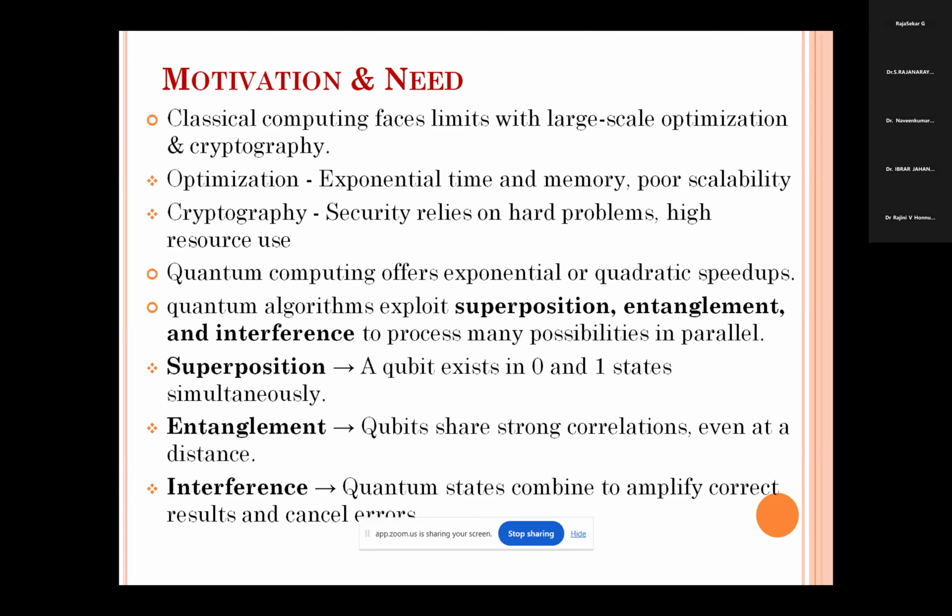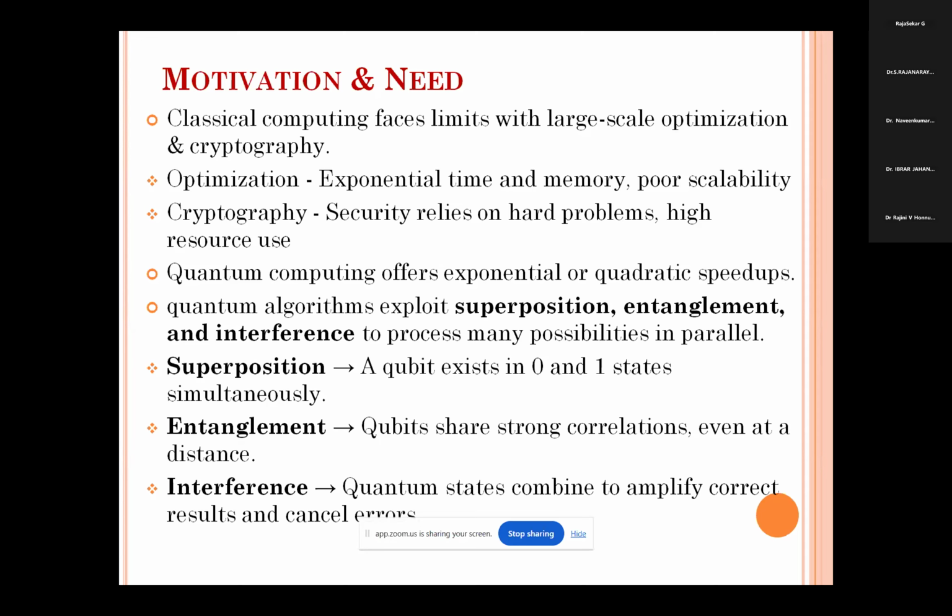Then quantum computing offers exponential or quadratic speedup. This is the main factor. All of you know this: the fastest computing operations. Quantum algorithms exploit three tools: superposition, entanglement, and interference to process many possibilities in parallel.